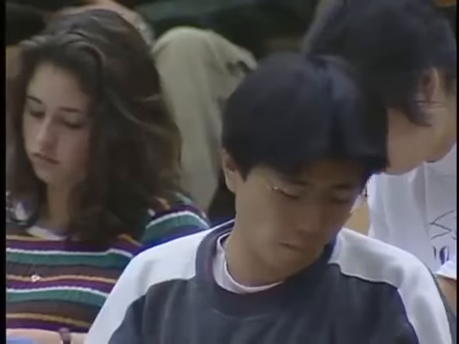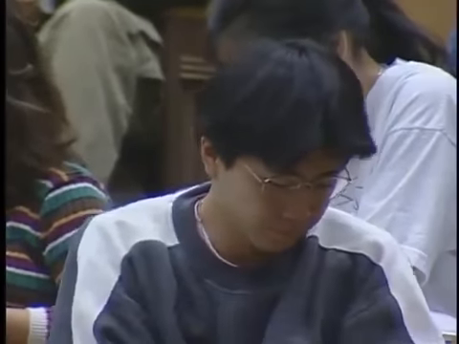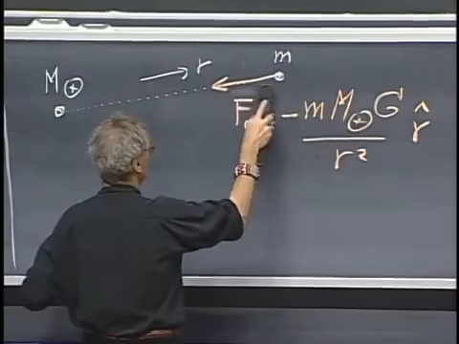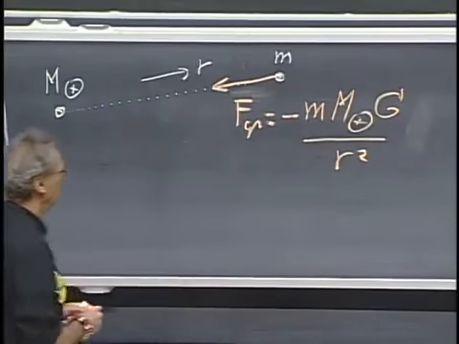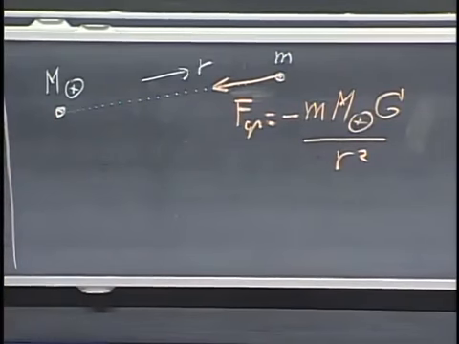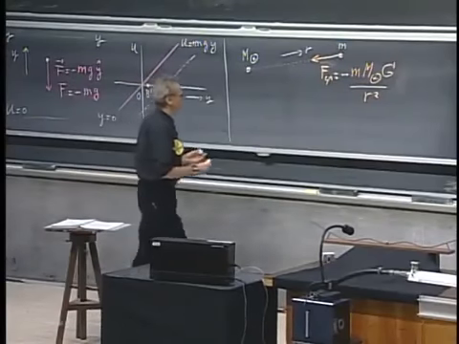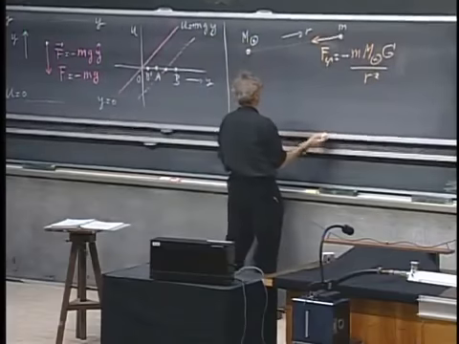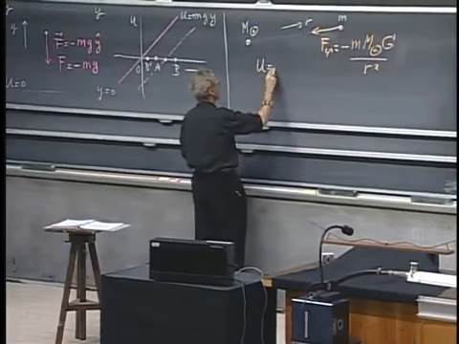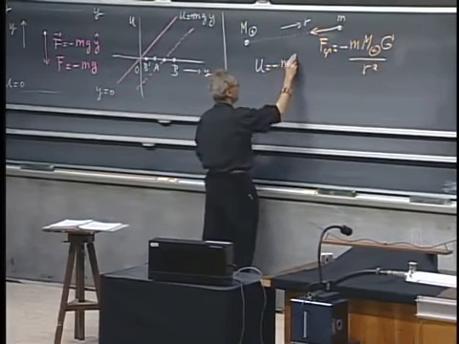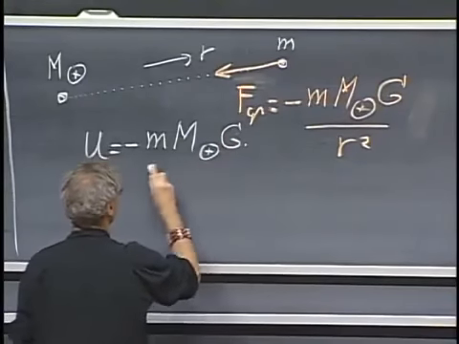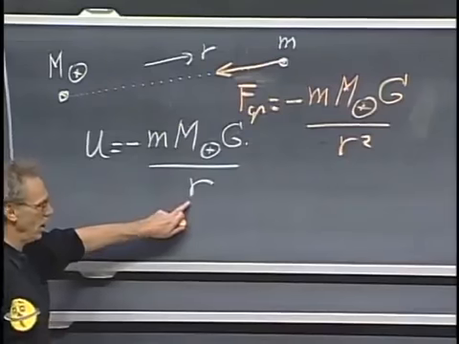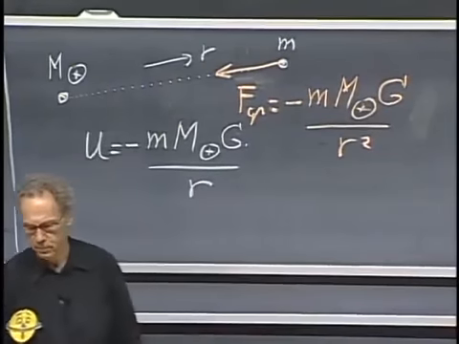Since it is really one-dimensional, just like we did there, we would delete the arrow and we would delete the unit vector in the positive r direction. And so we would simply write it this way. The gravitational potential energy we derived last time equals minus m M Earth G divided by r. Notice here is r and here is r squared.